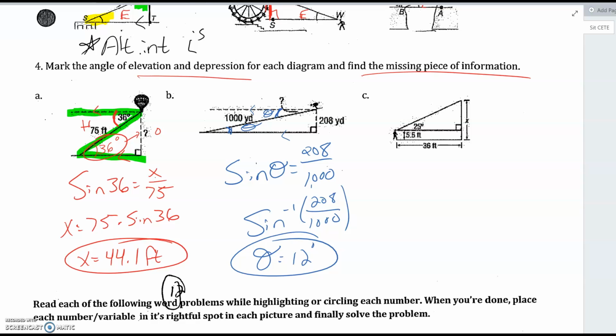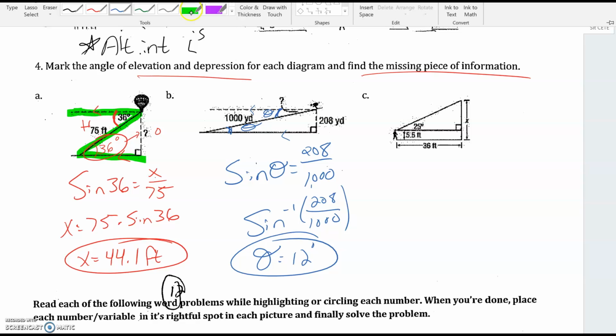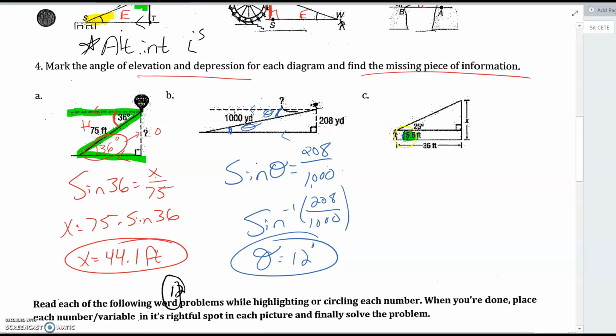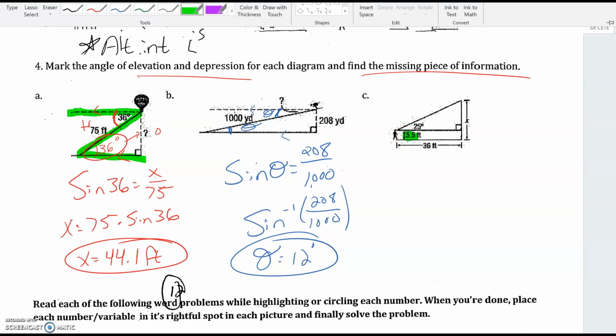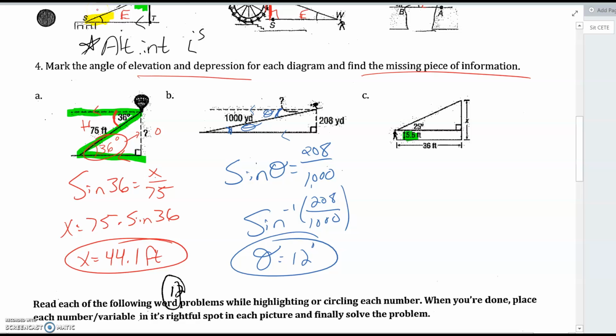For this last one here, this is one of those elevated triangles. It's up off the ground, so make sure we pay attention to this guy right here, 5.5 feet. All right. So if I need X, this whole spot, keep in mind any kind of trig I do will only find what's in the right triangle.